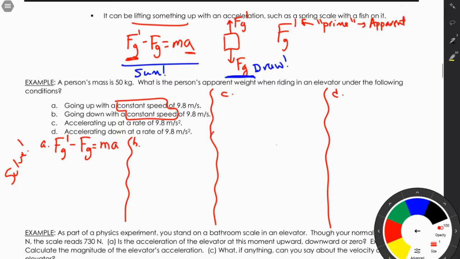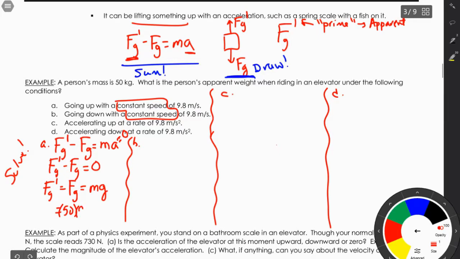But constant speed means a equals 0. So Fg prime minus Fg equals 0, which tells me that Fg prime equals Fg. Fg has a formula of mg, so that's 50 times 9.8. You can actually use 10 here, but I'm going to use 9.8 for a reason. So it's going to be 490 newtons. The reason I'm doing it is for parts C and D.